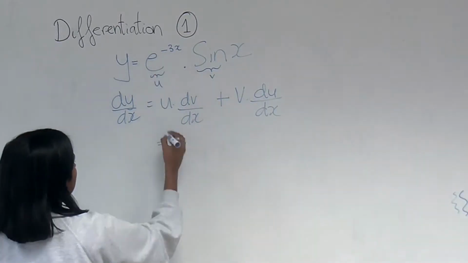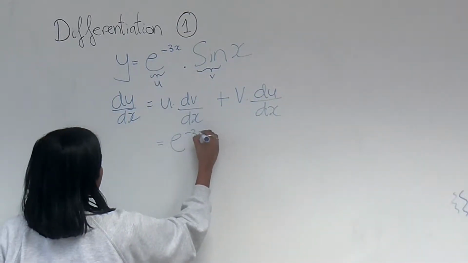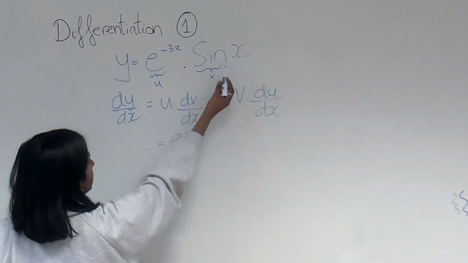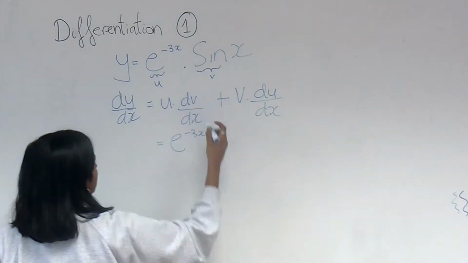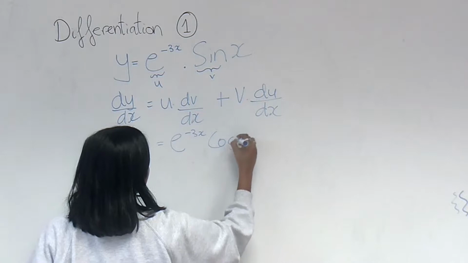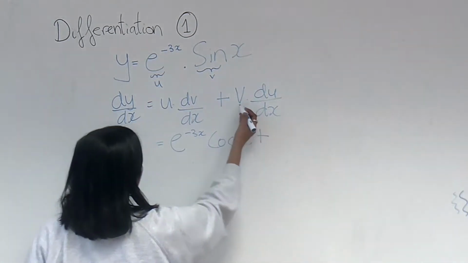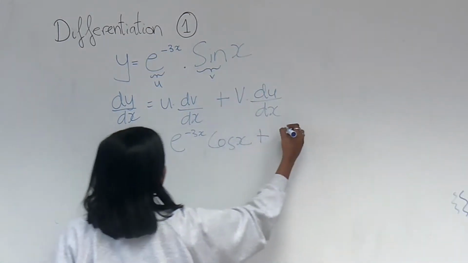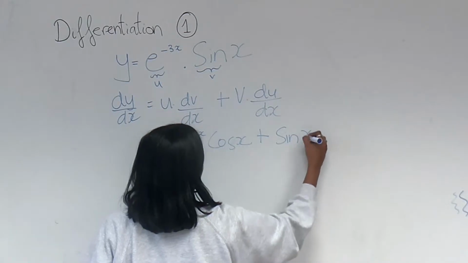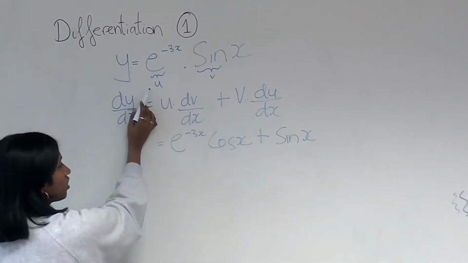So u will be e to the power minus 3x, and dv by dx will be the differentiation of this, which is just cos x, plus your v is now sine x, and your du by dx is the differentiation of this.